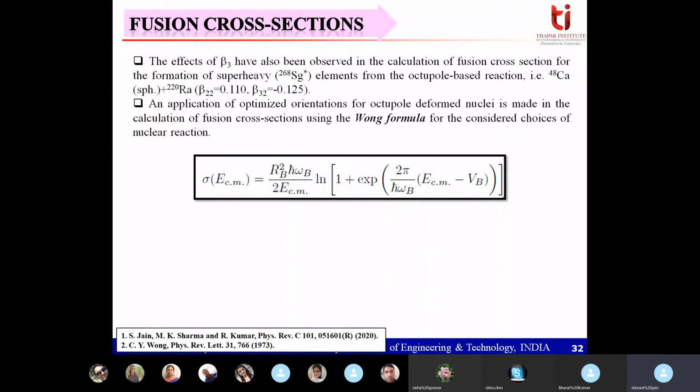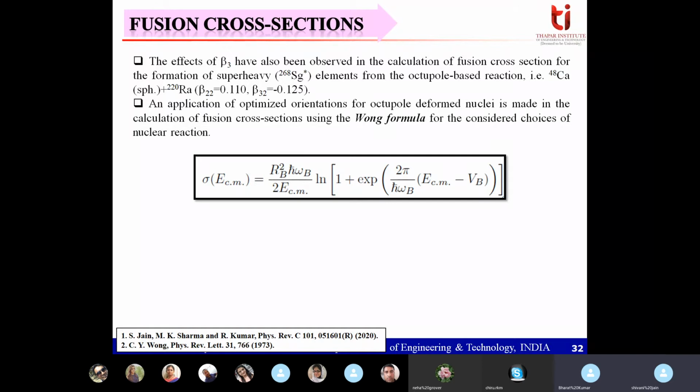So do you know the M3Y interaction? Michigan Yukawa interaction? I heard of that. Michigan Yukawa 3 interaction. Yes, yes. Earlier, I think Professor Veer Vikram has done this fusion cross-section calculation using M3Y interactions.